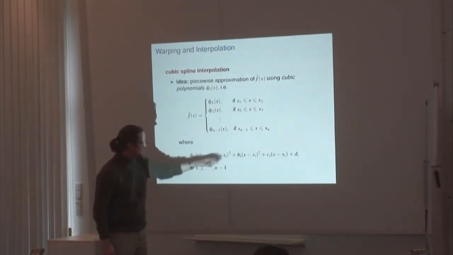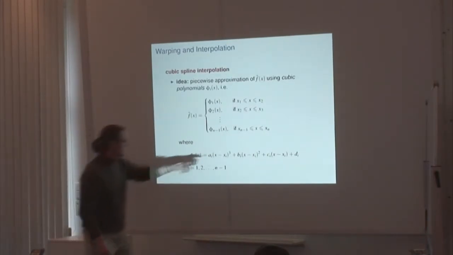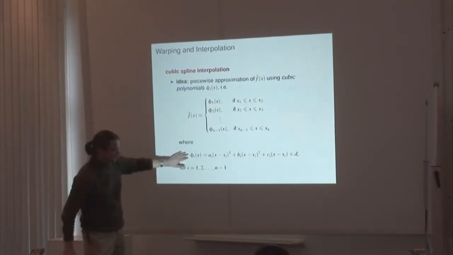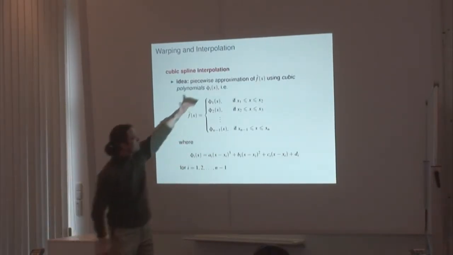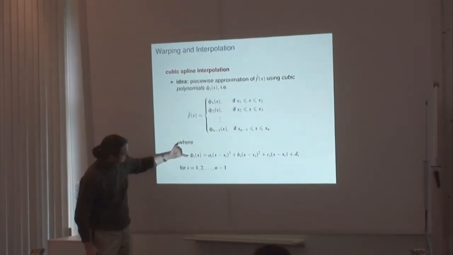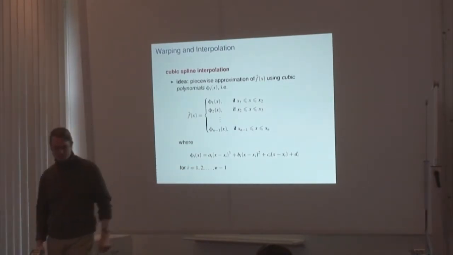The factors that depend on x are given by x minus xi. Now, this is one of many such functions. Actually, this is just one example out of n minus 1 such functions.